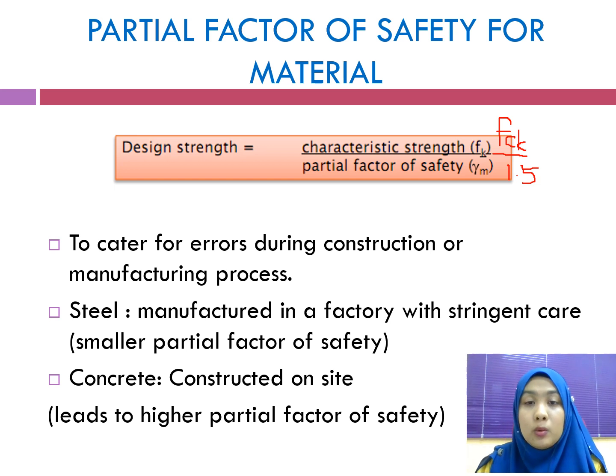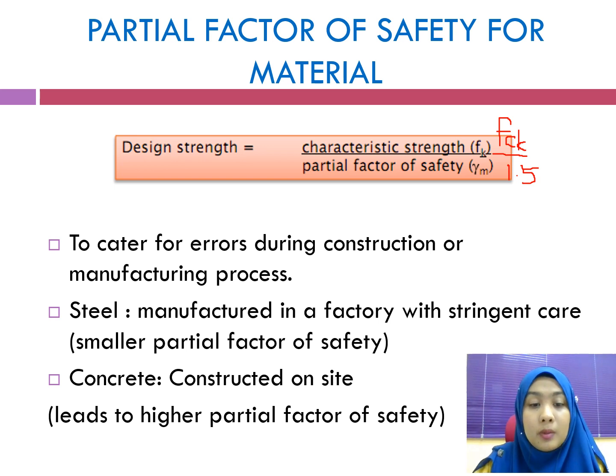So why do we need to include a partial factor of safety? The first one is to cater for errors during construction or the manufacturing process. But for steel, we manufacture the steel with stringent care. That's why the partial factor of safety for steel is smaller compared to the concrete.